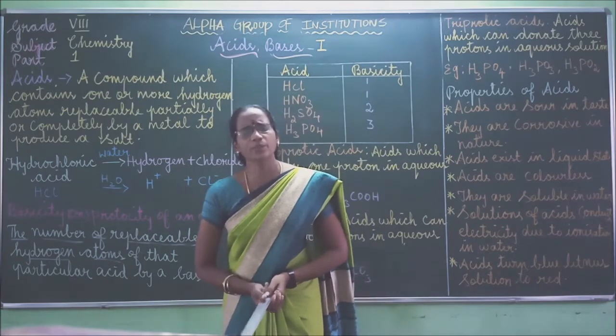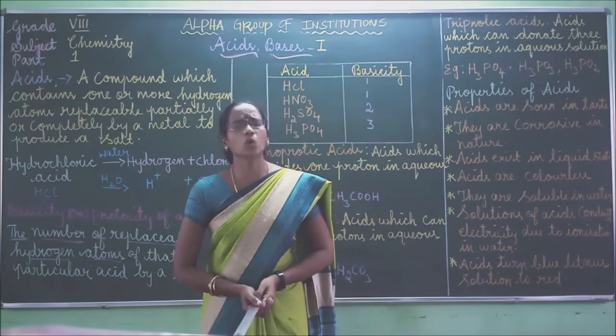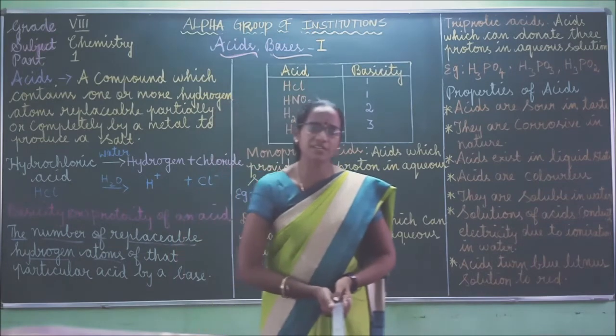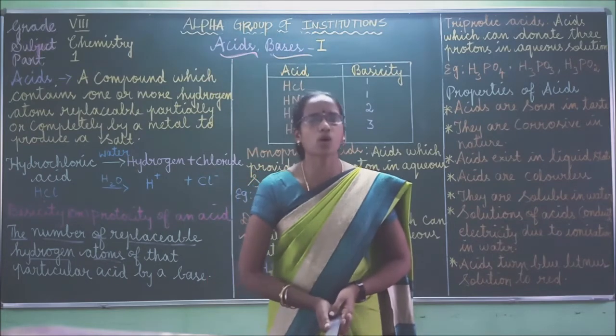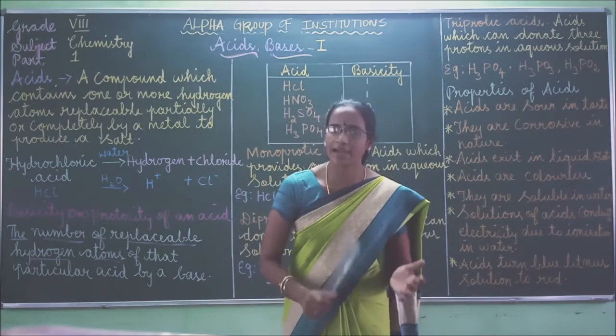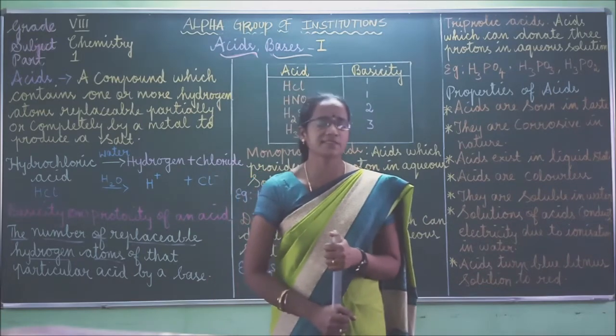Partially means a part amount. Once again, I repeat the definition. This means that all acids contain one or more replaceable hydrogen atoms, and when dissolved in water, they release hydrogen ions. This is the definition for acids.